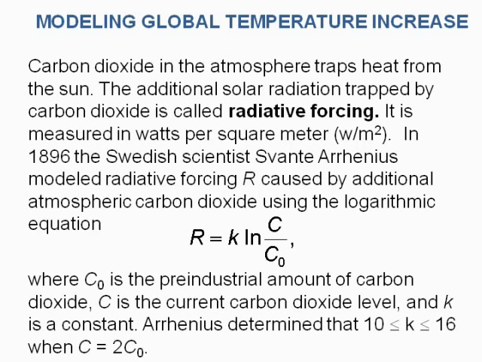So R, and they'll usually tell you what all the variables are representing in the formula, equals K times ln, or natural log, of C divided by C naught, where C naught is the pre-industrial amount of carbon dioxide, C is the current carbon dioxide level, and K is a constant that scientists came up with. It was between 10 and 16, where C equals 2 times C sub naught.